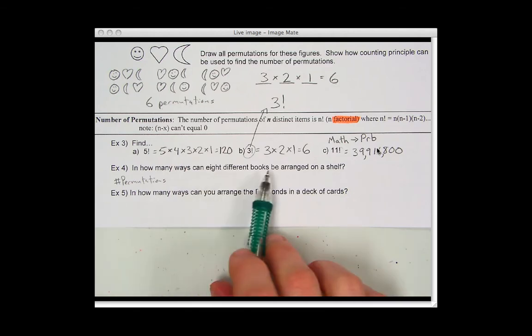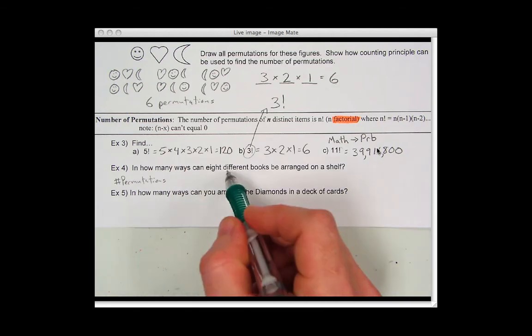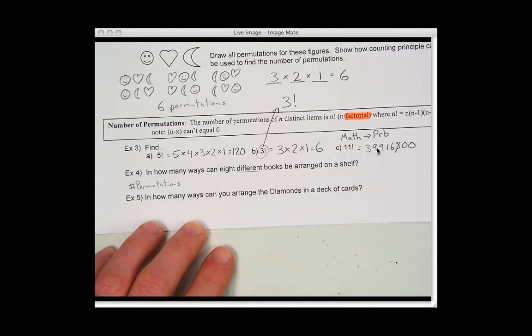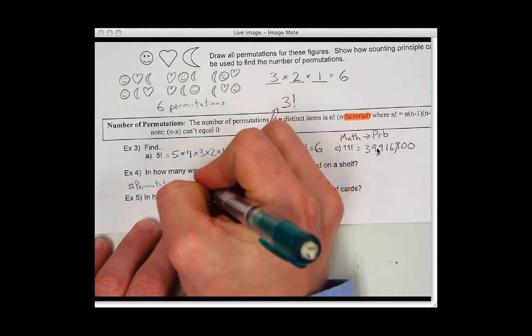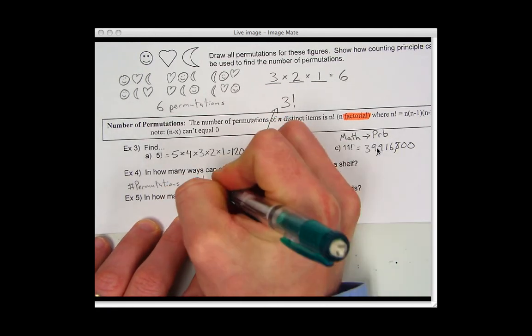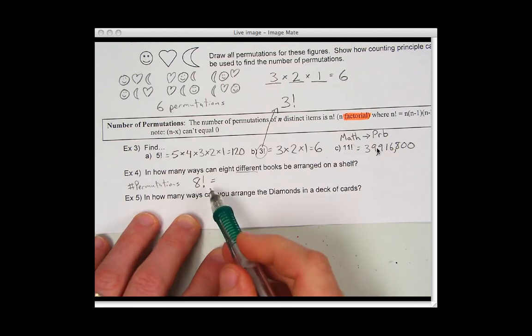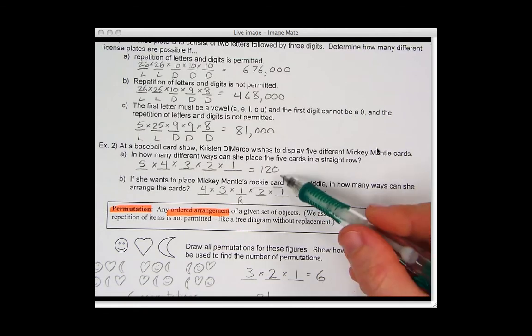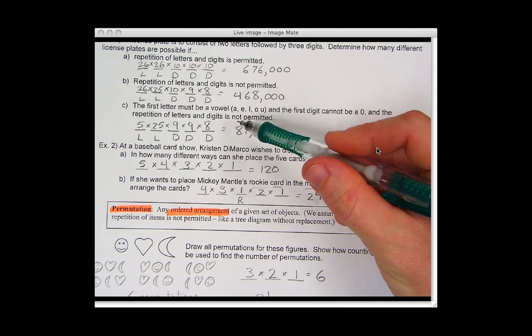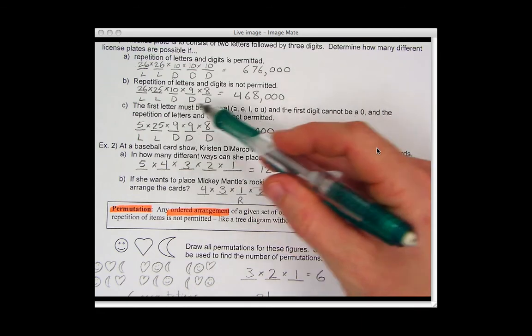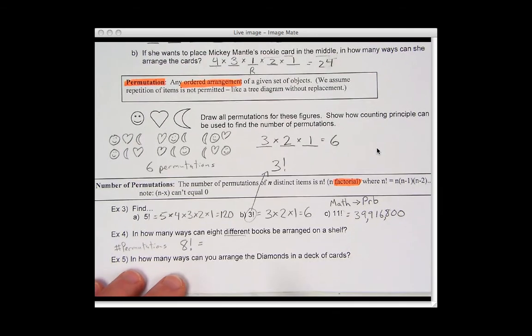We have 8 books and they are different. And so simply we can write this as 8 factorial. So no longer do we necessarily have to do these placeholders and then the fundamental counting principle. We can go straight to 8 factorial.